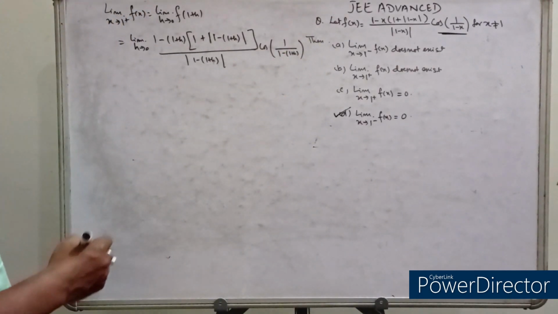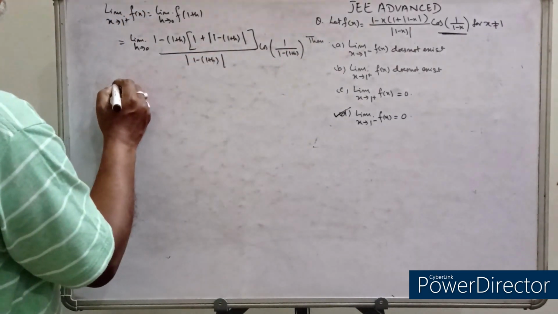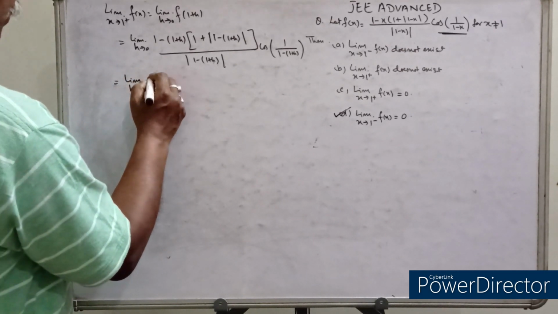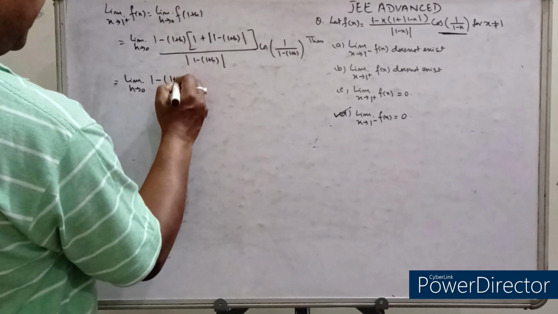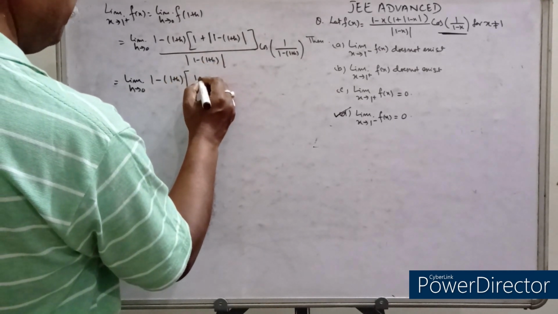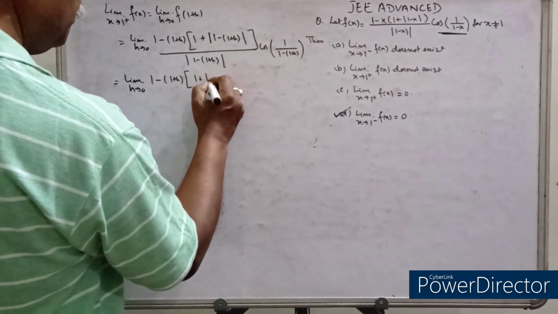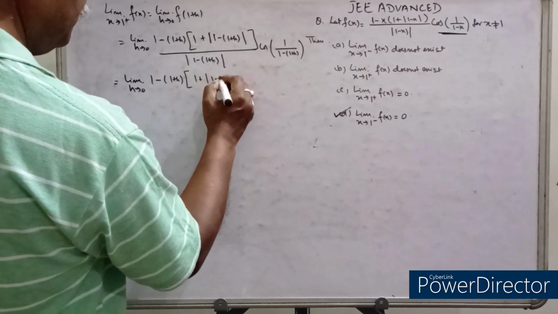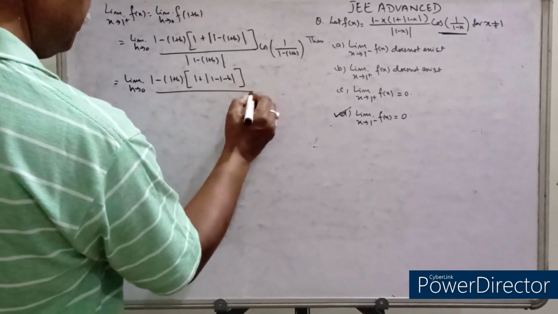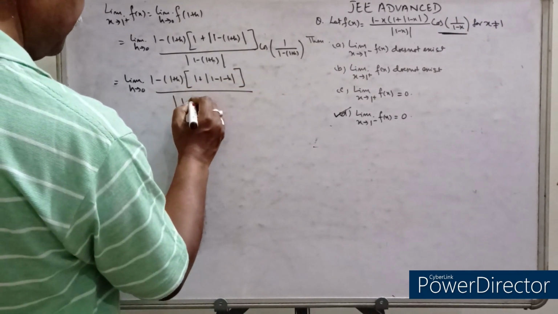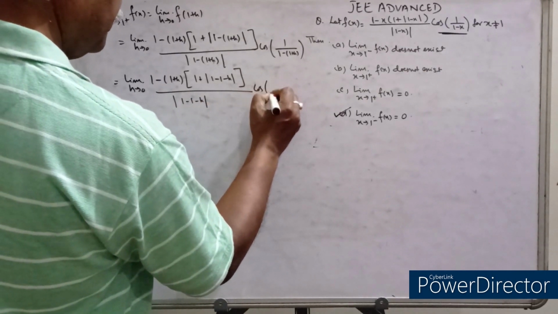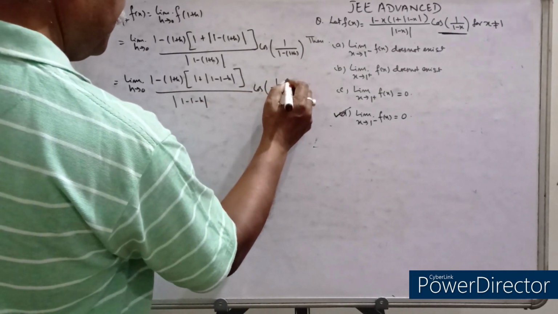So now this will come out to be limit h tends to 0 of (1 minus (1 plus h)) times (1 plus modulus of (1 minus 1 minus h)), divided by modulus of (1 minus 1 minus h), and cos of 1 by minus h.